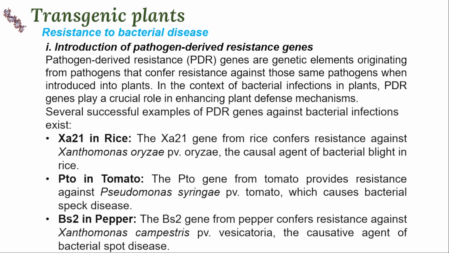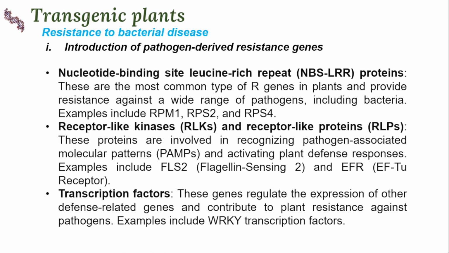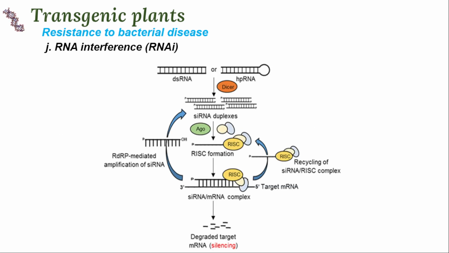These genes are introduced in different plants which have similar infection by Xanthomonas, so that we can go for a transgenic approach in different plants that will prevent the infection of this Xanthomonas pathogen in different agriculture crops. Same with tomato, same with pepper, some other types of pathogen derived resistant genes are introduced so that we can easily prevent the infection of the bacteria.